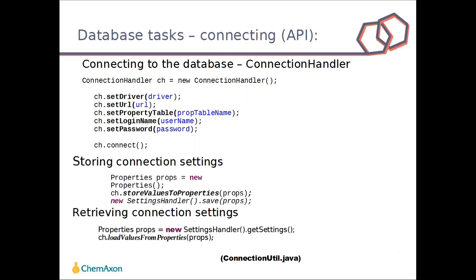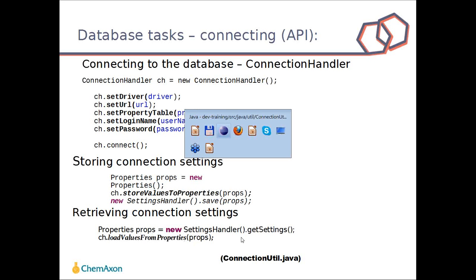How can we load them in order to use them again? We can again do it with this settings handler class, and the connection handler can load it from this property specified in this way.